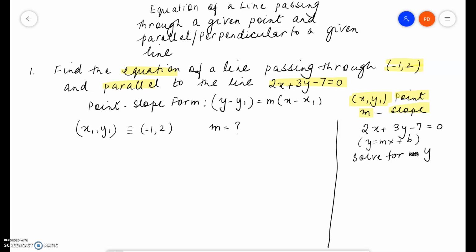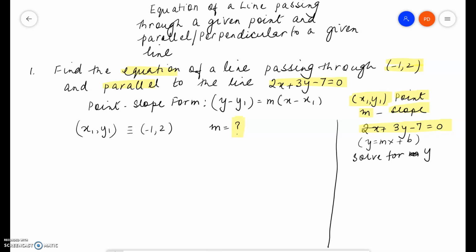So if we can find the slope of that line, then the slope of the line that we want is the same.